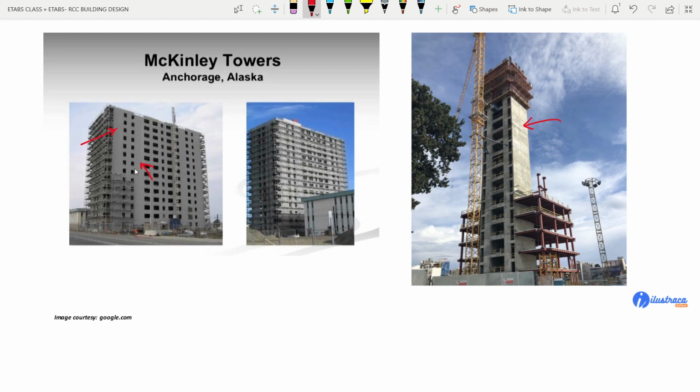So just understand that when we have taller buildings, and nowadays even in smaller buildings, G+5, G+6, you may see this particular element. We introduce this kind of element, which is a wall made up of RCC, and this wall is meant to take mostly the lateral loads, meaning horizontal forces.